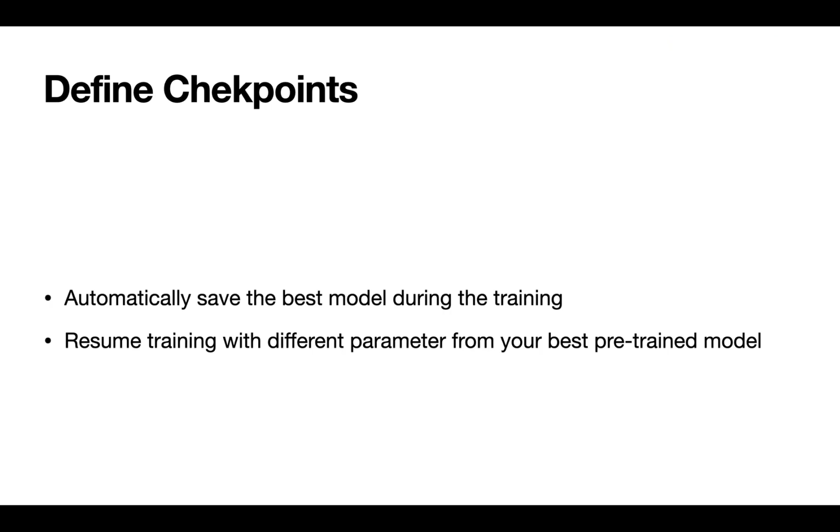I will also demonstrate several tips and hints to efficiently drive your deep learning project. As a matter of fact, when developing a professional deep learning project, it is important to have the ability to save your best model during the training. In fact, as the training goes, the validation accuracy will be increasing and decreasing at each epoch.